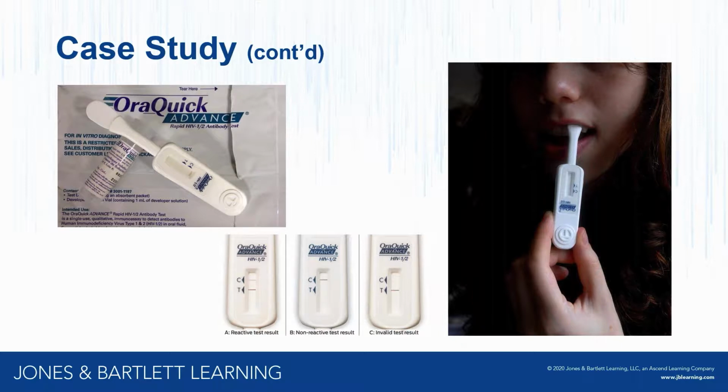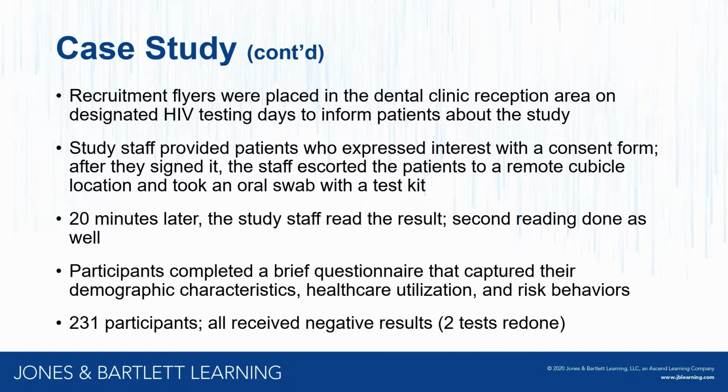A positive or reactive test shows both lines, like you see in A. The middle one is non-reactive or negative because only the control line appears. And if the control line doesn't appear, as in C, the test is invalid and would need to be repeated.